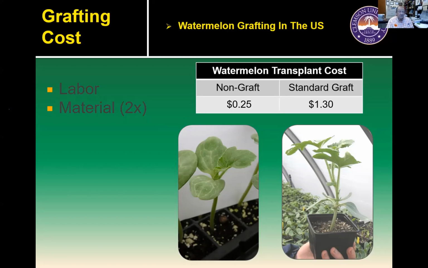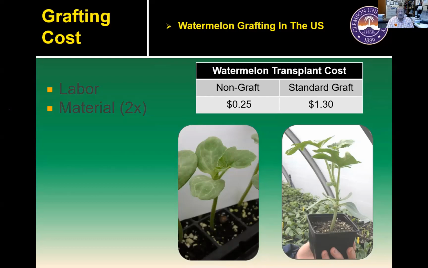Although if you look at the overall cost of production, the cost of transplants is minimal as far as the overall costs of, say, watermelon production or tomatoes or pepper production. The actual cost of transplants is minimal compared to what else is involved.